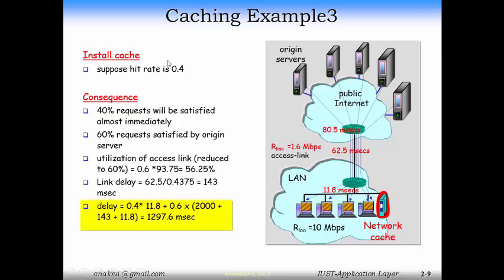But here, what is important is this hit rate value. In this case, I'm just adding a cache server to my network. I don't change my access link because it's costly.